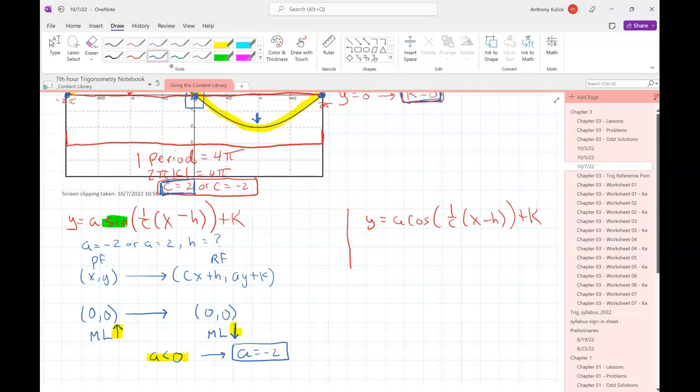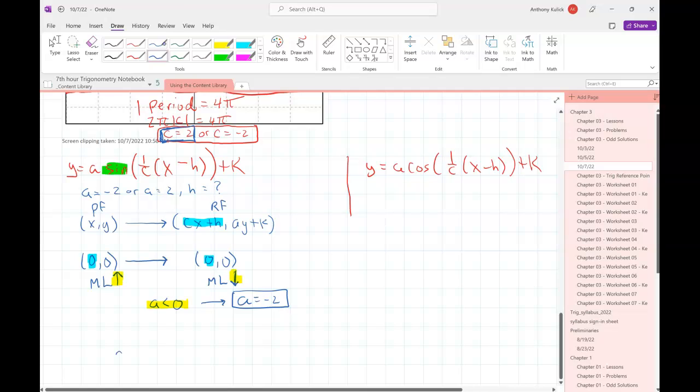One thing left to find, that's H. So remember, when we're graphing one of these, what we do is we take the x coordinate, we plug it into cx plus h, and that's going to give me the new x coordinate. Everybody's okay with that? So if I follow that, I'd have c times 0 plus h should equal 0. What's c times 0? 0. What's 0 plus h? h.